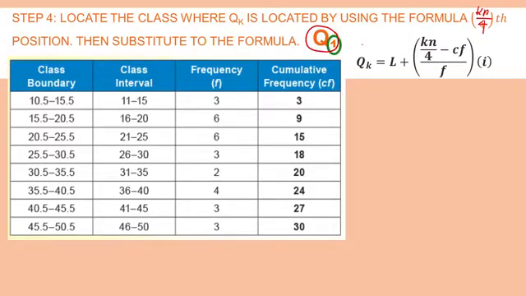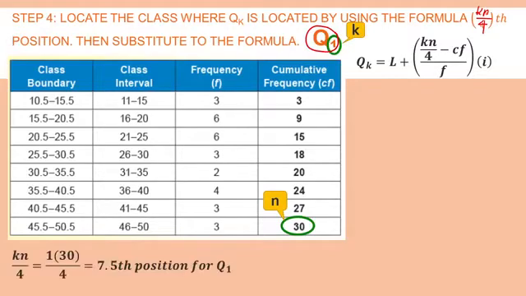K is 1, okay. What about the value of N? 30. Okay, using the formula kn over 4, you will be having 1 times 30 divided by 4, you'll get 7.5. So just like in our median, locate 7.5 in the CF column. Look for the first number that is greater than 7.5. What number is that? Number 9.